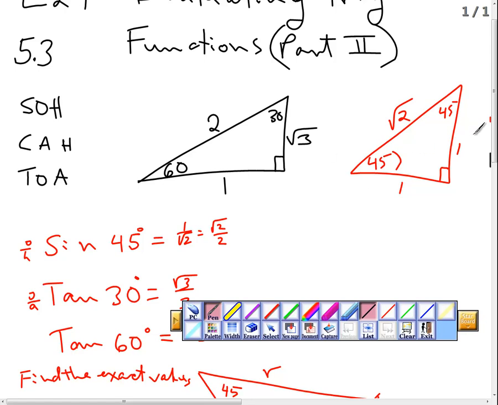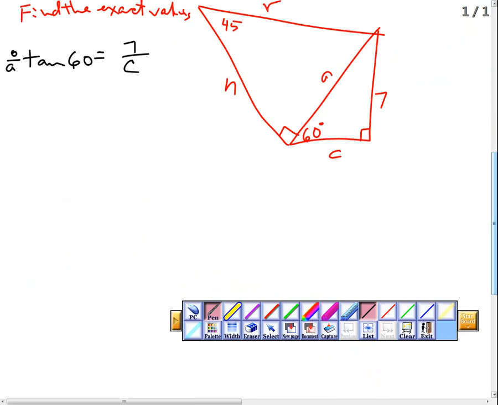All right, so tangent at 60 degrees is the square root of 3, equals 7 over C. If you're given one of the special angles, either 30, 60, 90, or 45, 45, 90, you can use these special values.